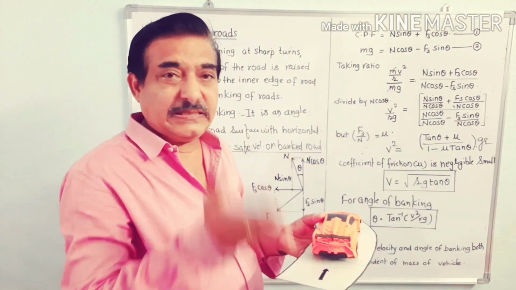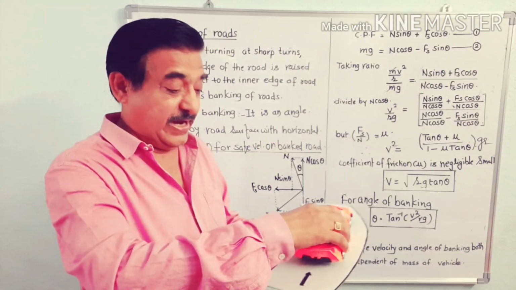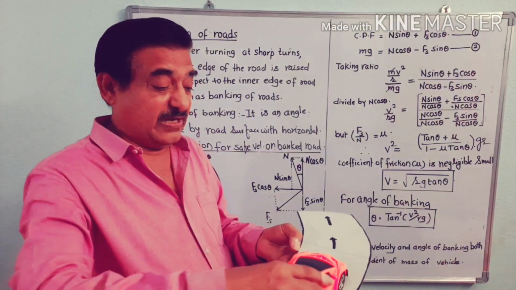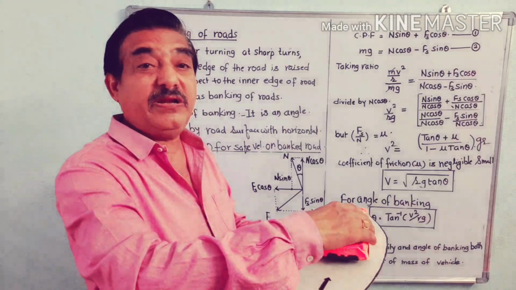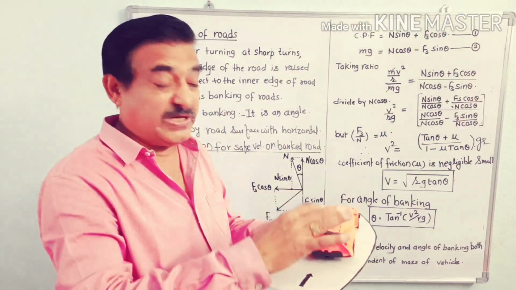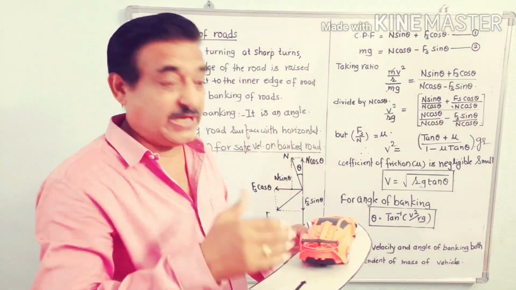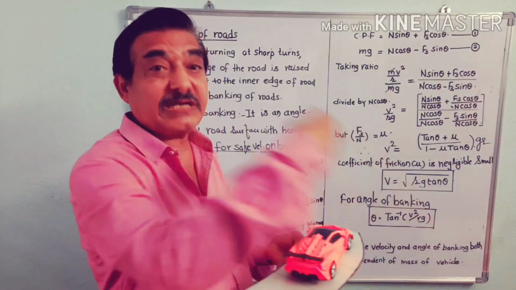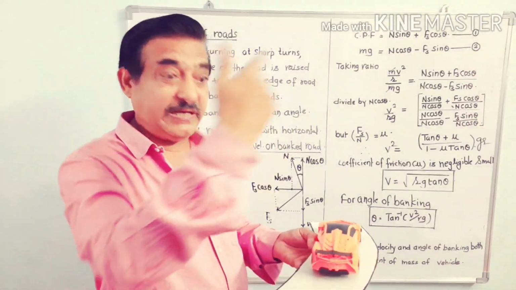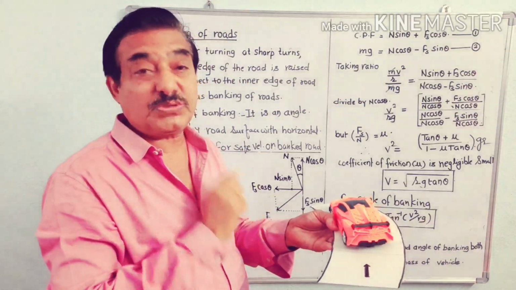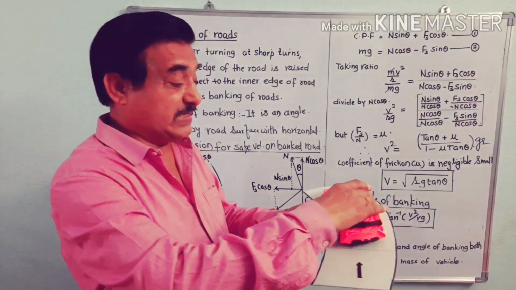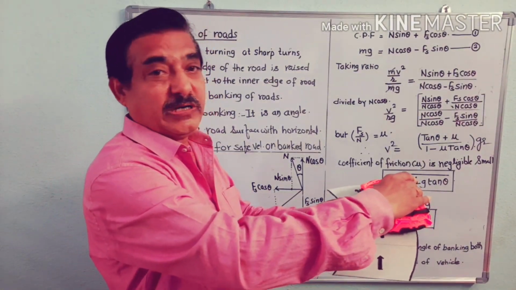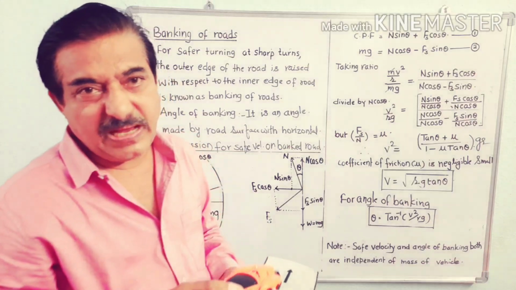Another reason is that when the vehicle crosses the speed limit, that is, its speed is greater than the safe velocity, the lateral thrust acting on the vehicle is greater than the centripetal force, and the vehicle will skid in the outward direction and accidents will happen.